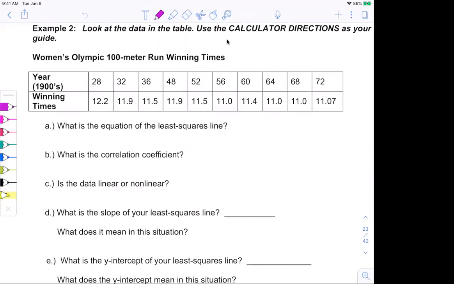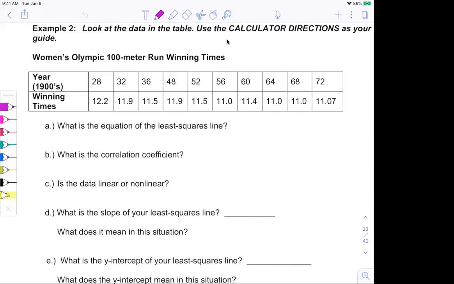The information we're given deals with the years from the 1900s all the way up to 1972. So 28 would represent 1928, 32 represents 1932, and so on.